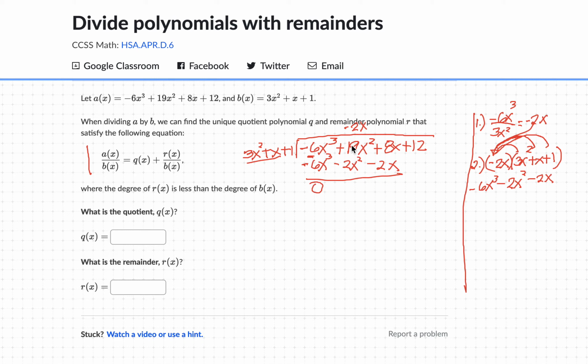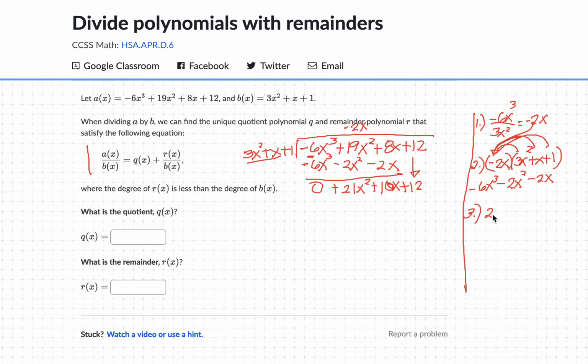This one will give me a negative minus negative 2x, that's going to give us a positive 21x squared. And for our next term, we have 8x minus negative 2x. That will just give us a positive 10x. And then we bring down the positive 12. Okay, and then the process starts all over again.